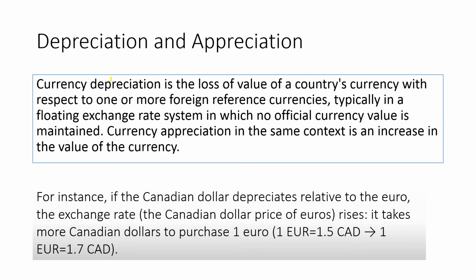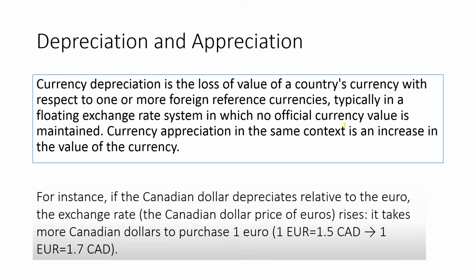Currency depreciation is the loss of value of a country's currency with respect to one or more foreign reference currencies, typically in a floating exchange rate system in which no official currency value is maintained. So that's what depreciation is, when the value of money falls.